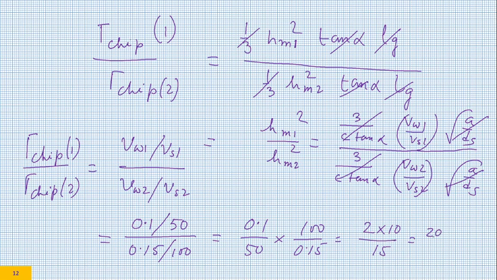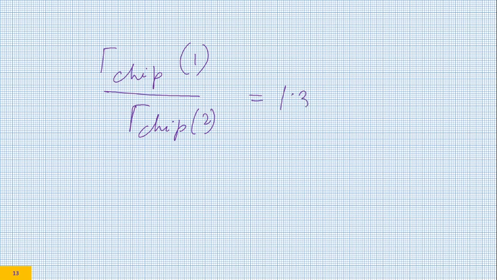So it is 20 by 15. So it is 4 by 3. So this becomes 1.33. So this ratio is 1.33. So gamma chip 1 is definitely more than gamma chip 2.